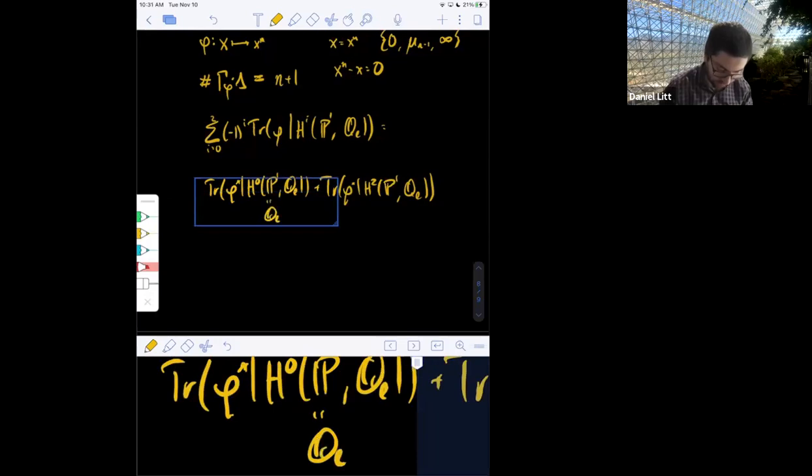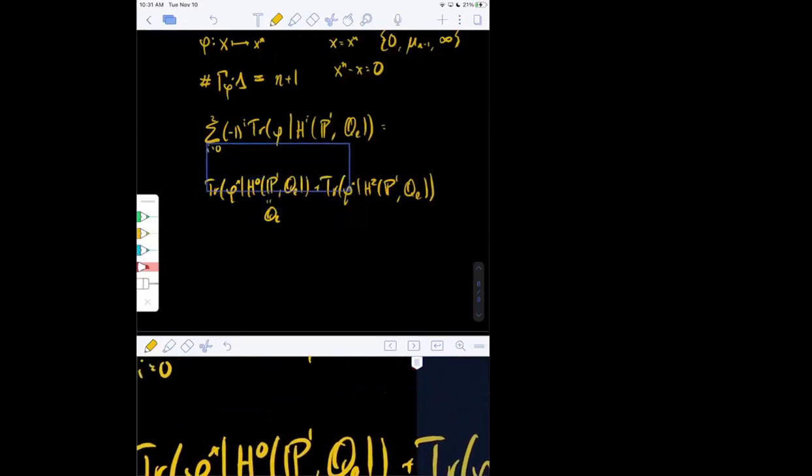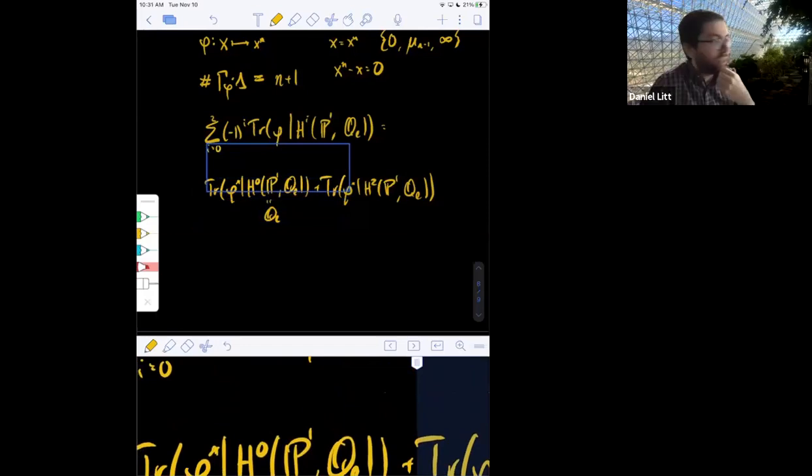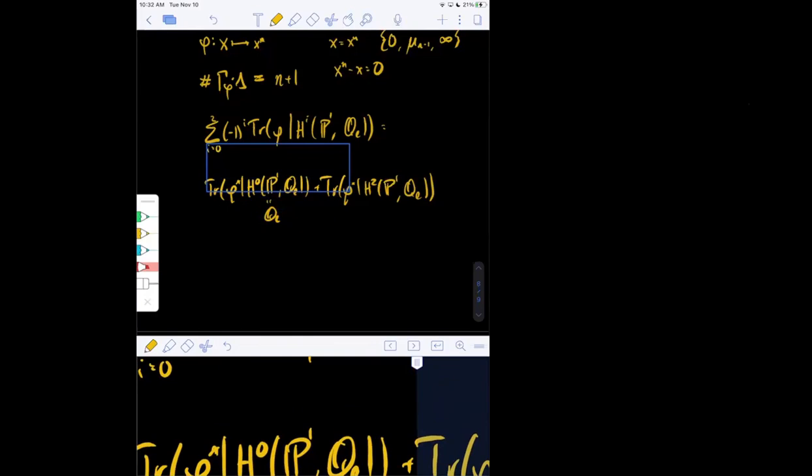And what does phi do to it? We're looking at sections, so this is just sections of the constant Q_l sheaf, if you'd like. What happens to such a section if you pull it back through phi?